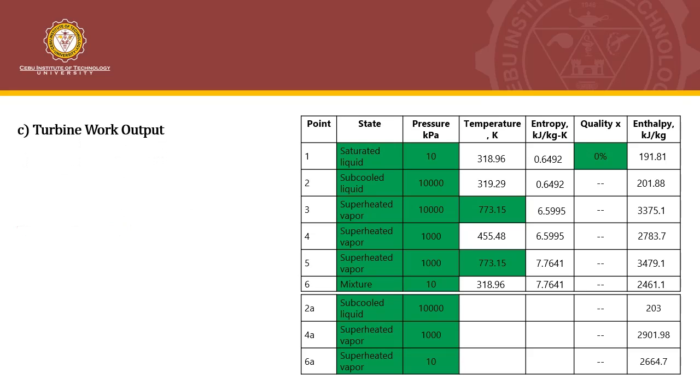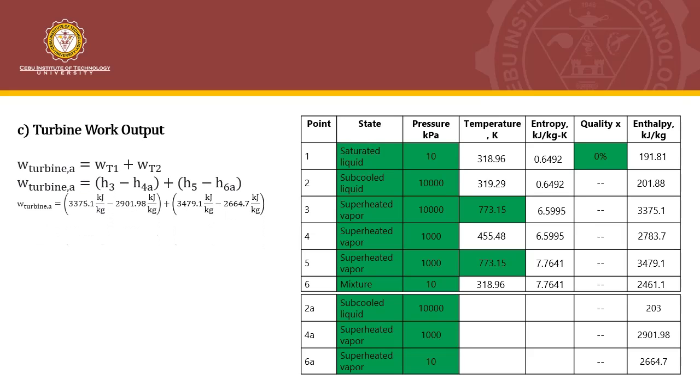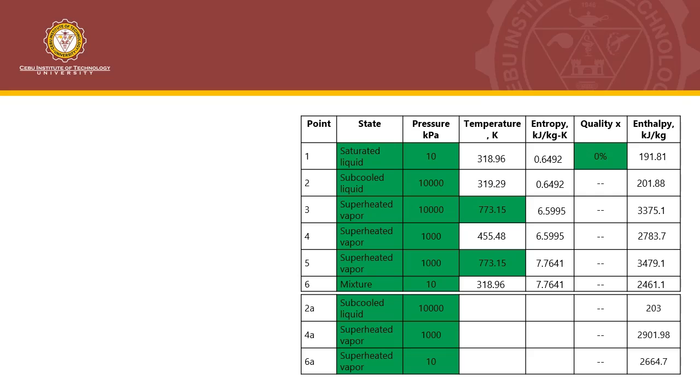For the turbine work output, that is the summation of the actual work output of the high pressure turbine and the actual work output of the low pressure turbine. Substituting the values from the table, we can obtain the actual turbine work output, and that is 1287.52 kilojoules per kilogram.